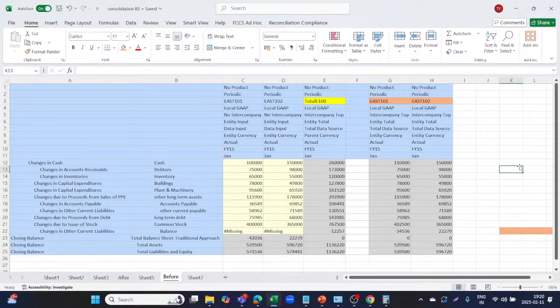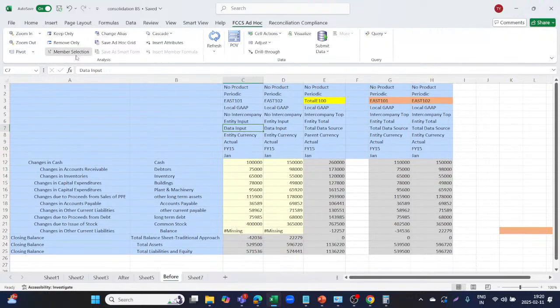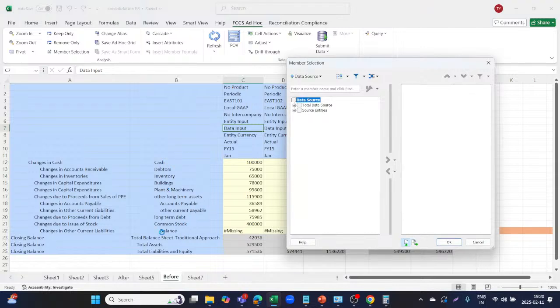All right. Now if you want to see it over here only, you don't want to bring all the top members, you can directly see the result here under total data source. Instead of data input, as we discussed at the start of the session, if you want to check this, the intersection should be: your account should be FCCS balance, your movement should be changes in other current liabilities, and data source should be no data source.